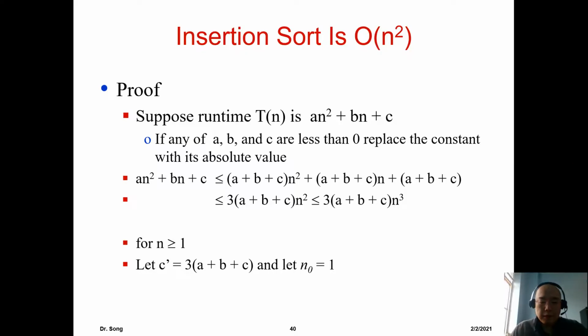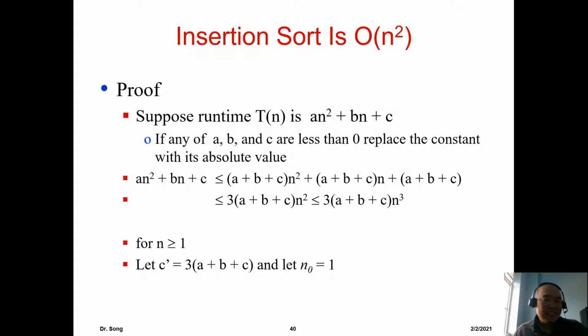Let me come back. We stopped here originally, but if we want to slack it even further, or increase it even further, n squared is guaranteed to be smaller or equal to n cubed for n greater than 1, right?